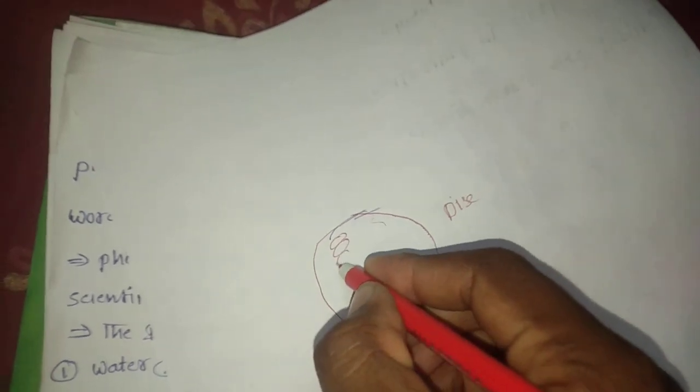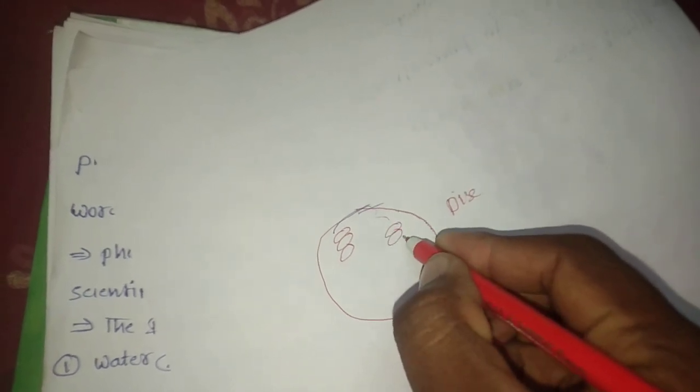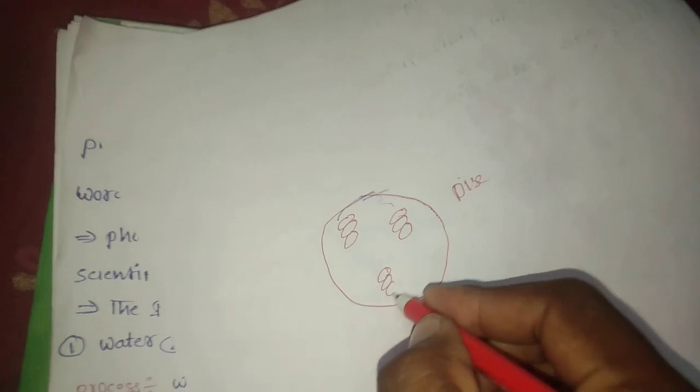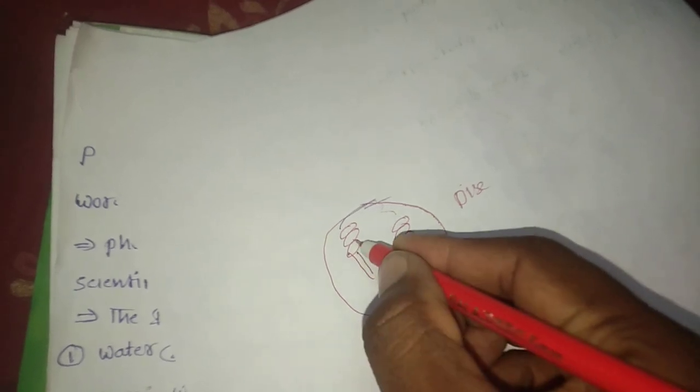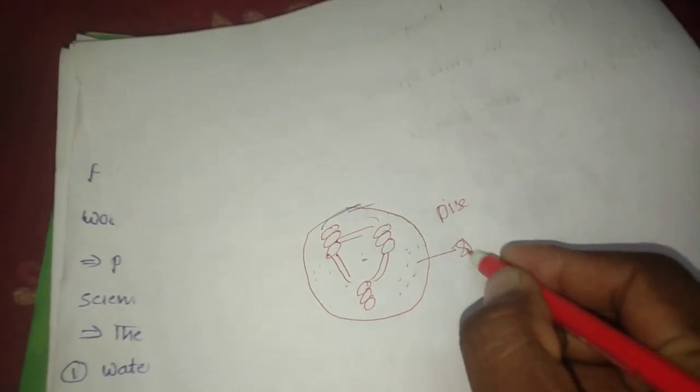It means when you keep two, three, four coins one by one like this, this simple structure is called grana. The stack-like structure is called grana, and that colorless fluid is called stroma.